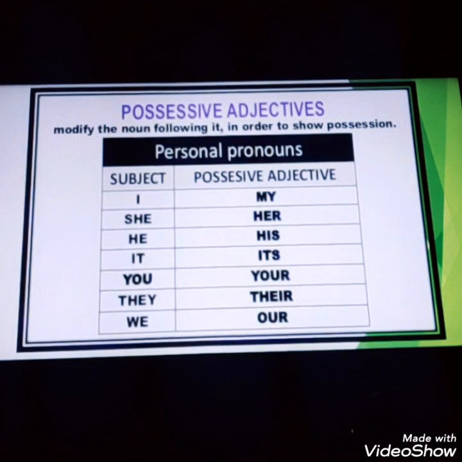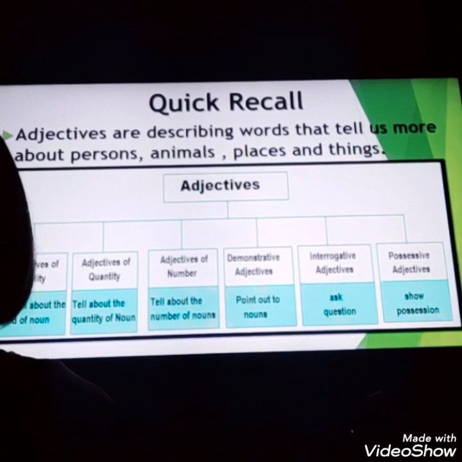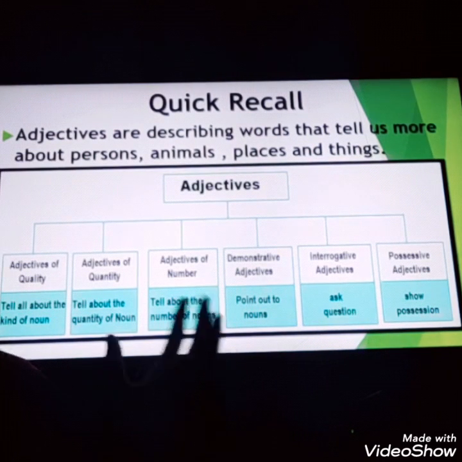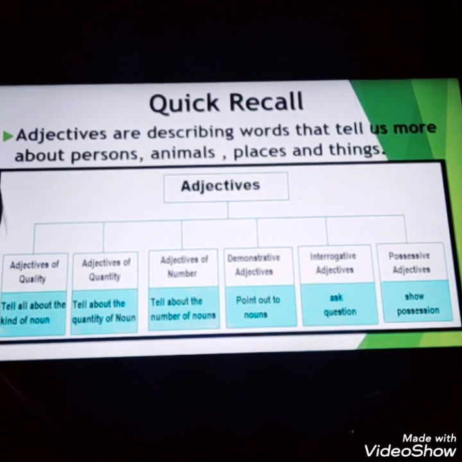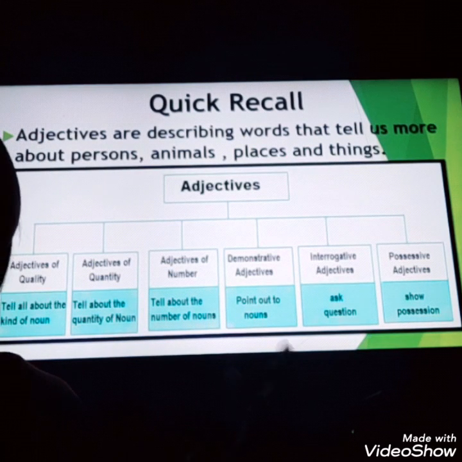So now let's have a quick recall of what we have learned today. We have learned what an adjective is. Adjectives are describing words that tell us more about persons, animals, places or things. They give more meaning to nouns by describing them. They answer questions like what kind and how much.